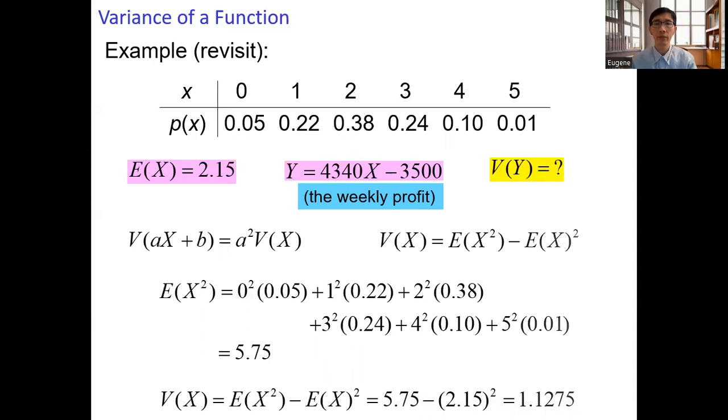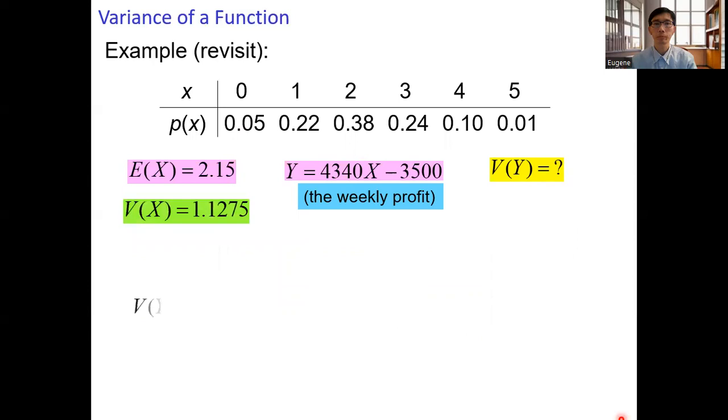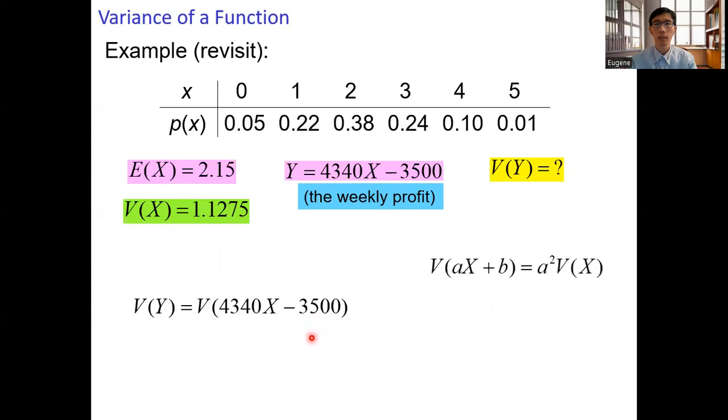Let's compute the variance of Y. The variance of Y equals the variance of 4,340X minus 3,500. Applying the formula, V of ax plus b equals a squared times the variance of x. In our case, a equals 4,340. So the variance of Y equals 4,340 squared times the variance of x, and the variance of x equals 1.1275.